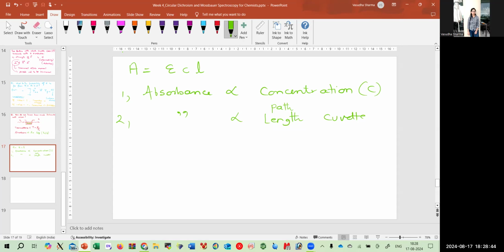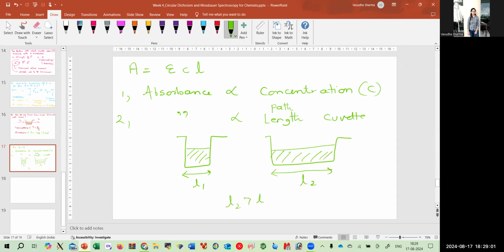Say for example, in one case the size is L1, and in the other one the size is L2. L2 is greater than L1, therefore A2 is greater than A1.